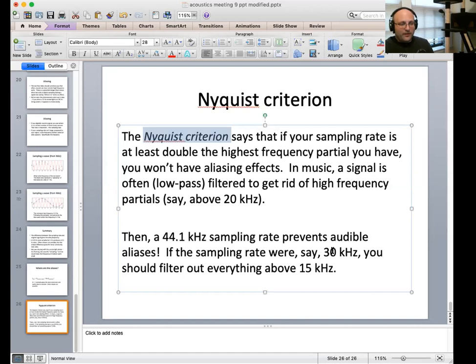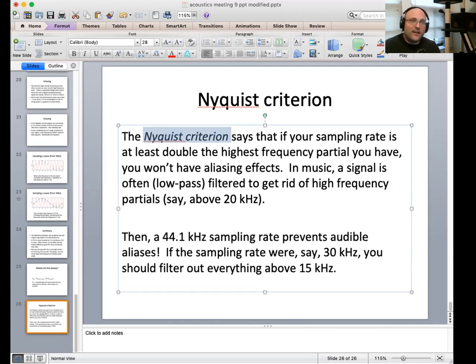If your sampling rate were lower, 30 kilohertz, let's say, then you would get audible aliases if you didn't filter out everything above 15, right? Because if you let 20 kilohertz through in your signal and your sample rate was 30 kilohertz, then you'd get an alias that's 10K.